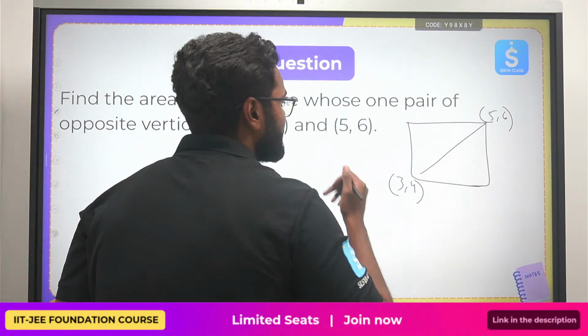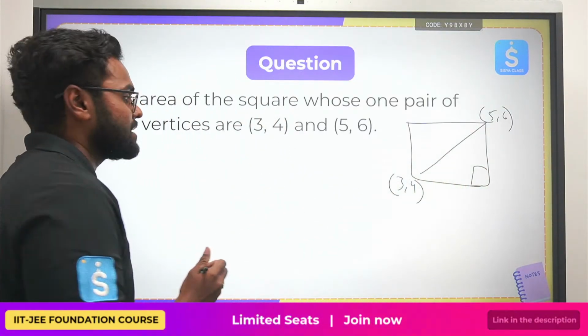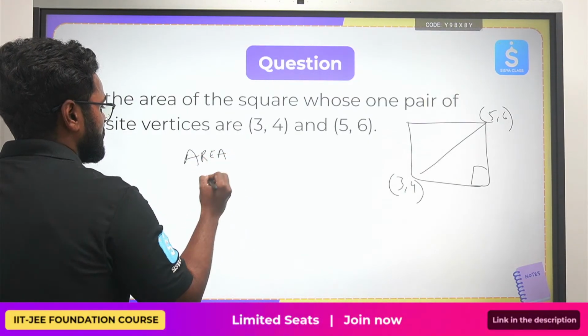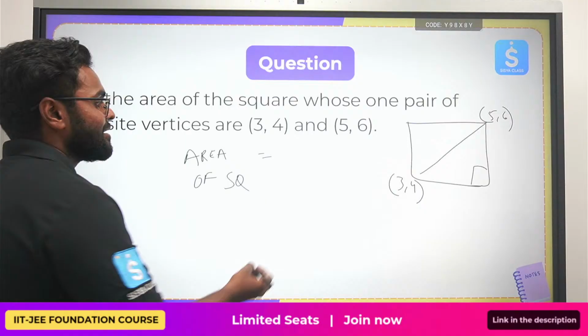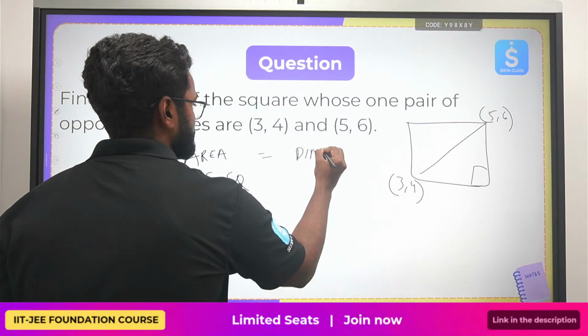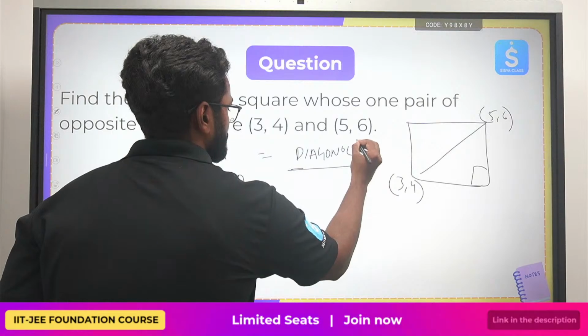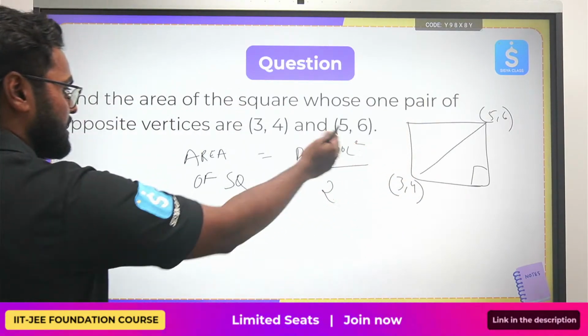But if you consider a right angle triangle, you would get the area of the square is equal to diagonal square by 2.